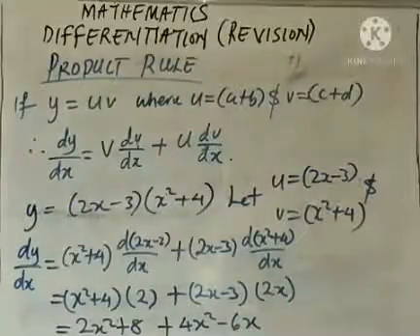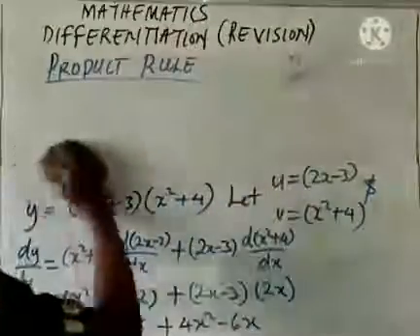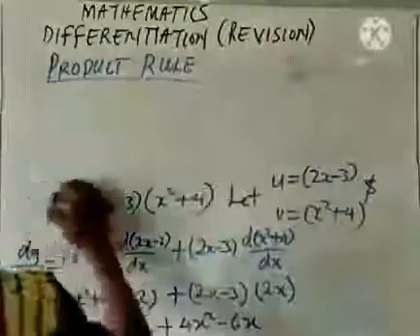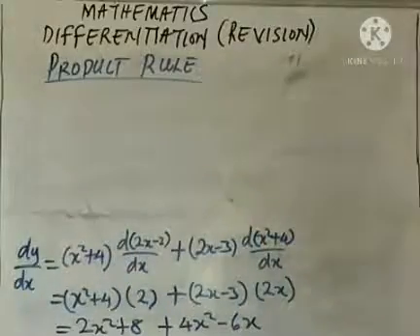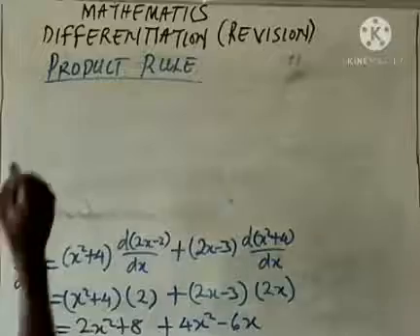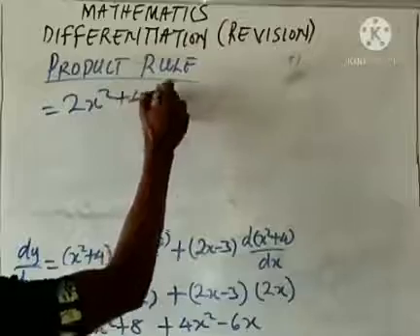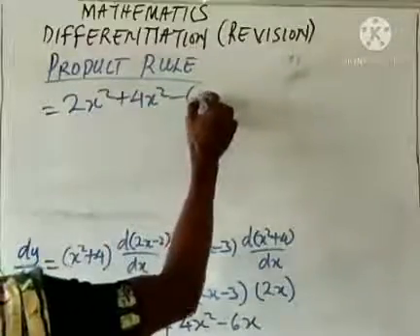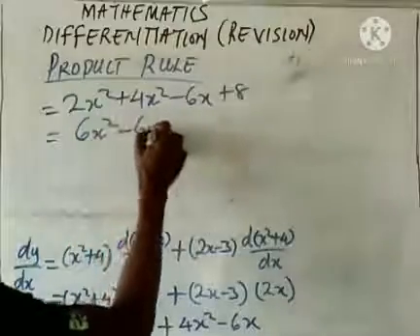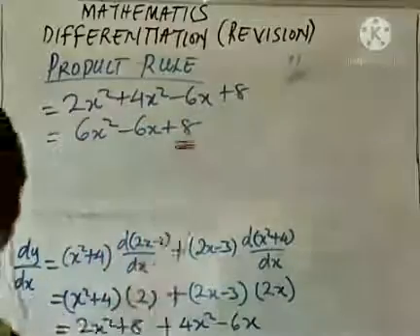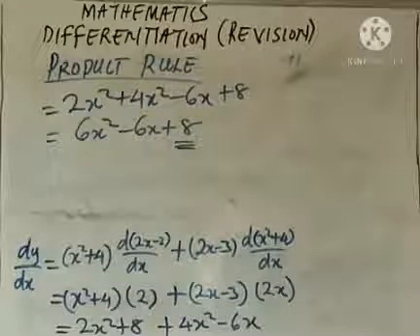Then collecting like terms, 2x squared plus 4x squared, minus 6x plus 8, giving me 6x squared minus 6x plus 8 as the differentiation of that expression. That's an example under the product rule.